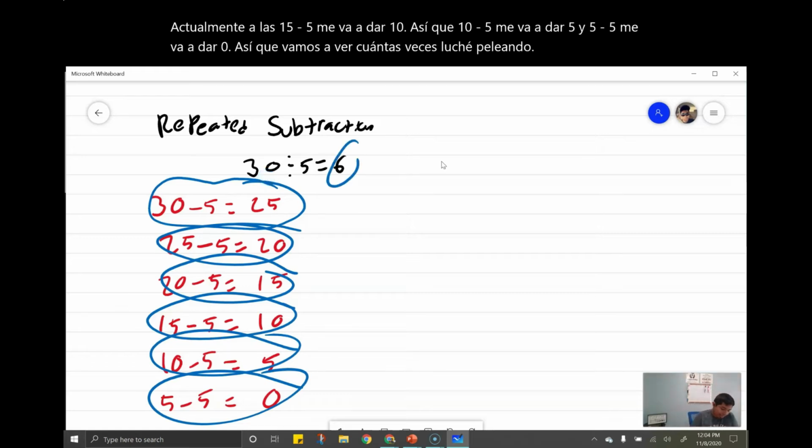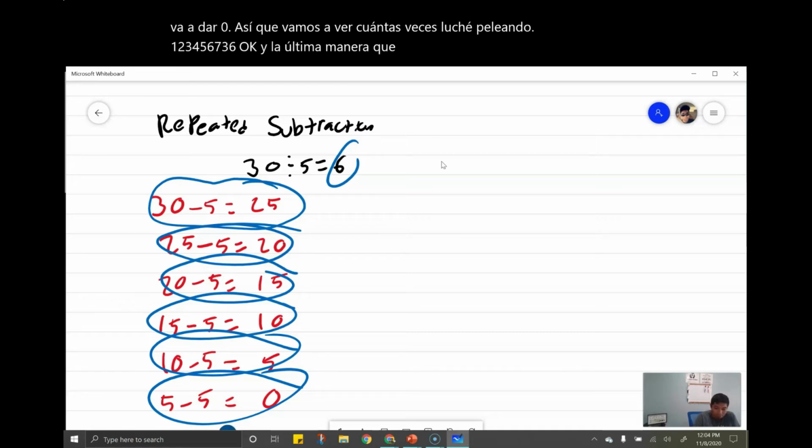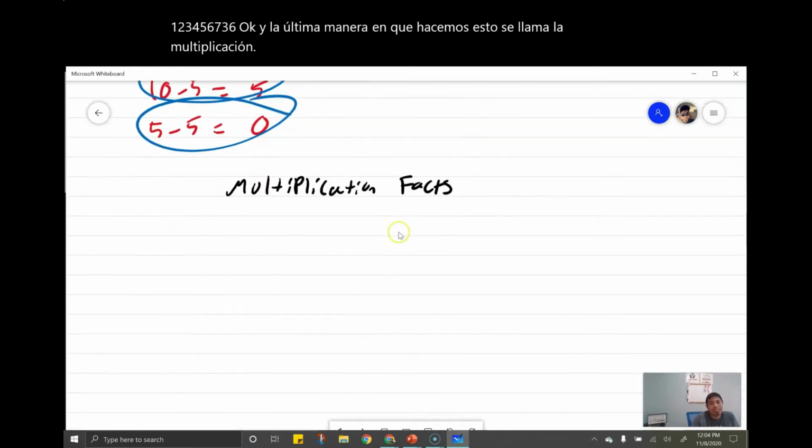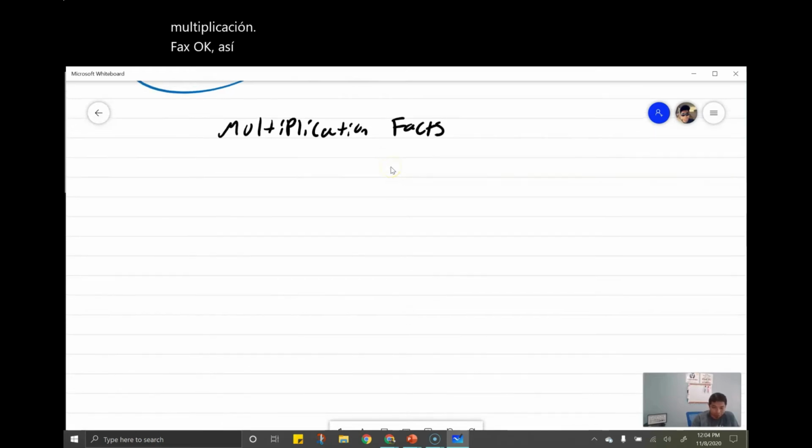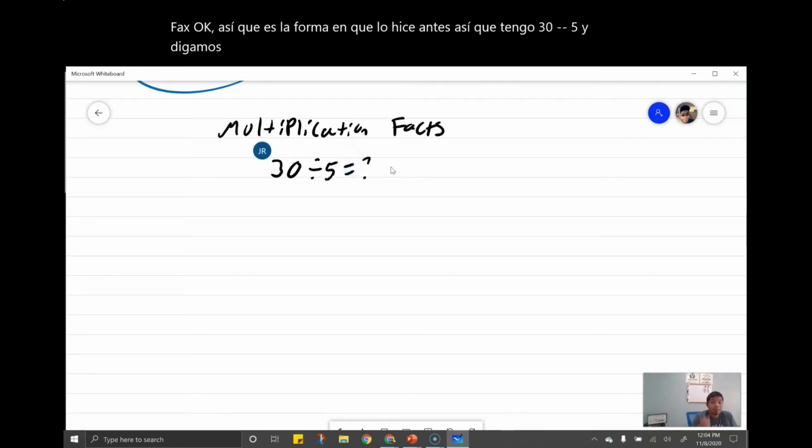Okay. And the last way that we do this is called the multiplication facts. Okay. So it's the way I did it earlier. Okay, so I have 30 divided by 5, and let's say I don't know the answer, but remember the opposite of division is multiplication.